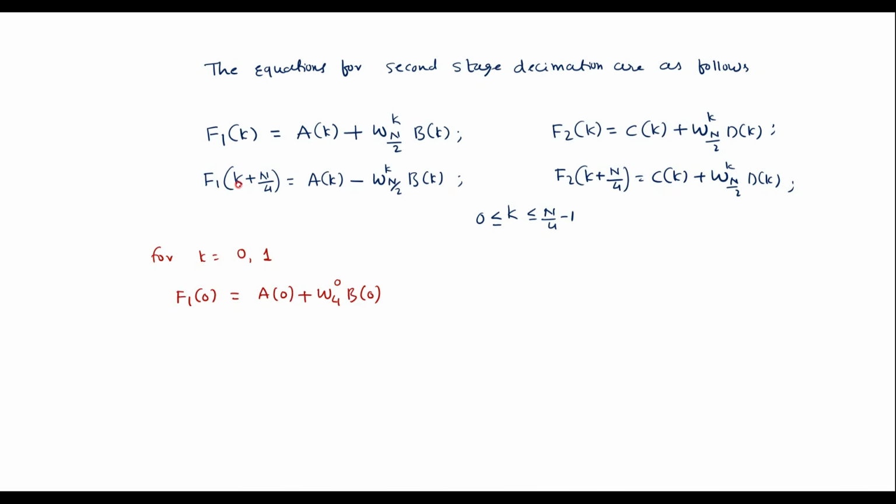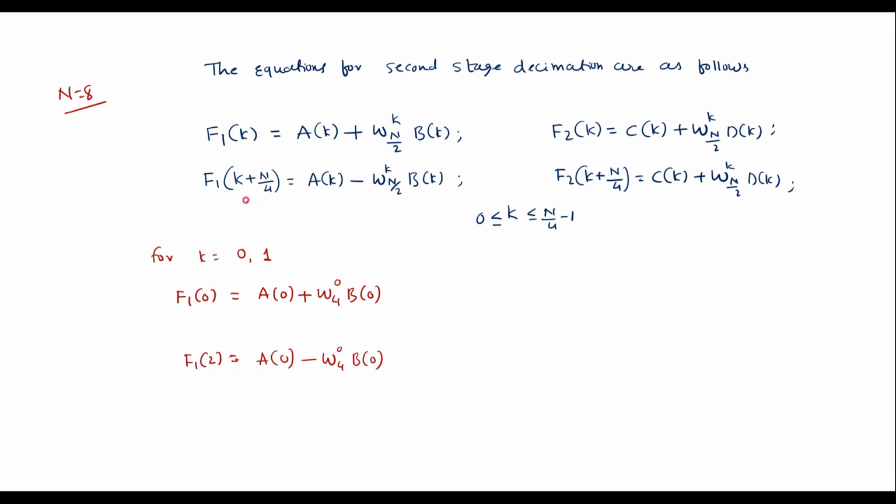So here for k equal to 0, we'll assume the same n is equal to 8. 8 by 2 is 4, 4 by 2 is 2. f1 of 2 will be equal to a of 0 minus w4 of 0 b of 0.